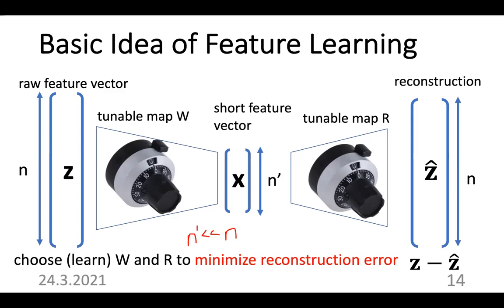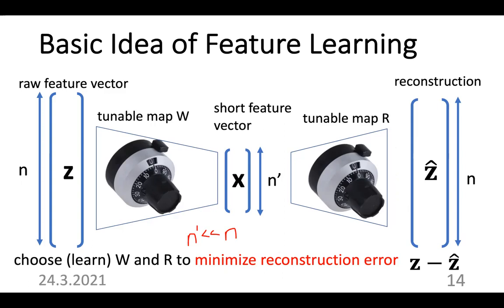So another example for a tunable map is a linear map. A linear map takes in the feature vector, let's say x, and outputs weight 1 times raw feature 1 plus and so on and so forth, weight n times raw feature n. That's a tunable map.